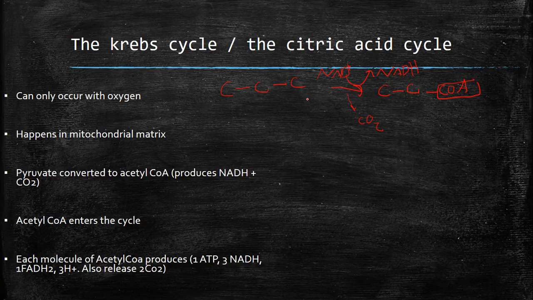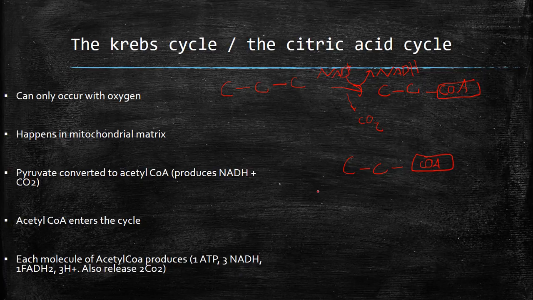And so now, why do we convert it to acetyl-CoA? Well, acetyl-CoA is the molecule required to enter the citric acid or Krebs cycle. What happens is the acetyl-CoA fuses with oxaloacetic acid, the name of which is not important unless you're doing a college level course.